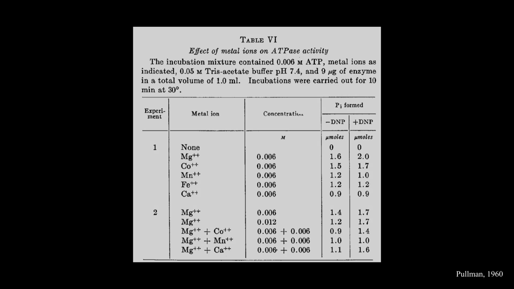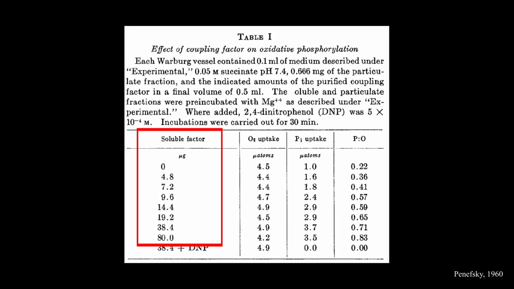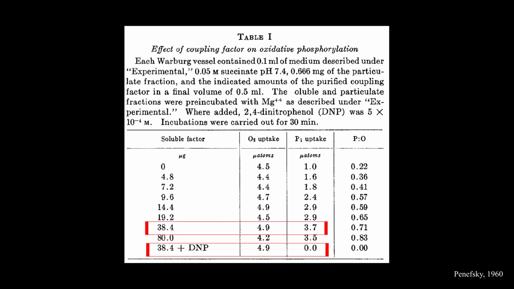Interestingly, they also showed that ATPase could operate in the reverse direction. Here we see that increasing the amount of soluble factor to the particulate fraction resulted in the concomitant increase in phosphate uptake, which was completely inhibited by the addition of DNP, since, as we saw earlier, DNP causes the hydrolysis of ATP.